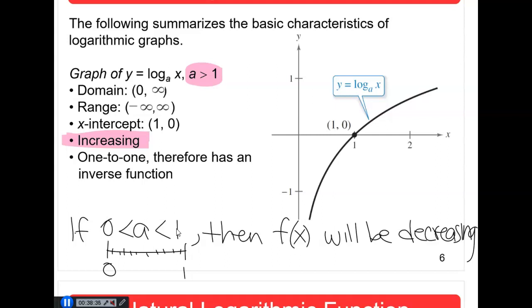Okay, or it could also be like a reflection of that one across the x-axis.